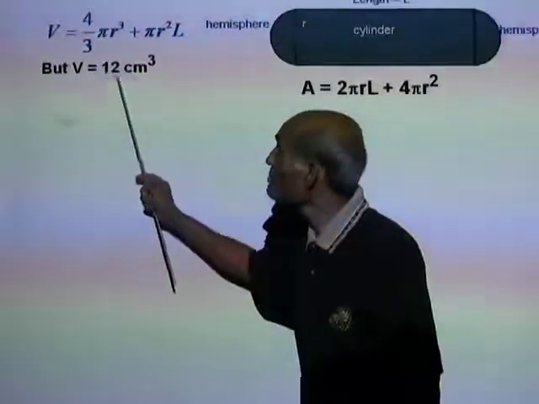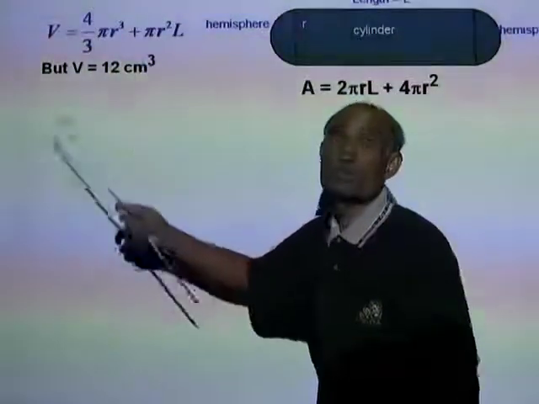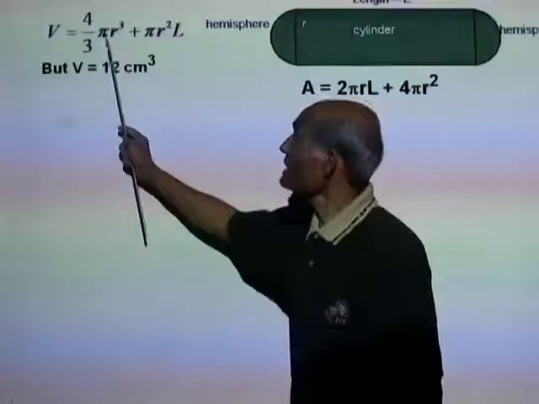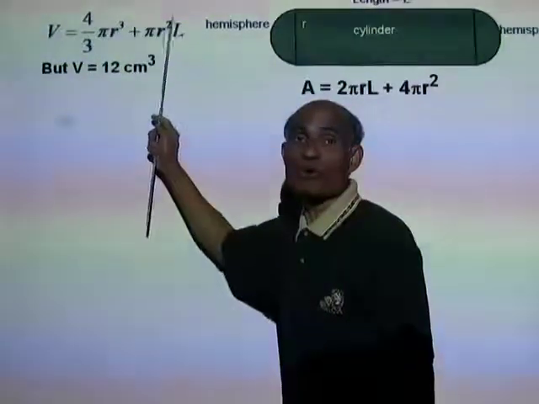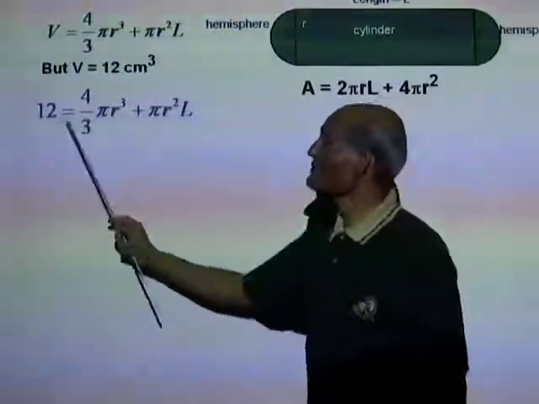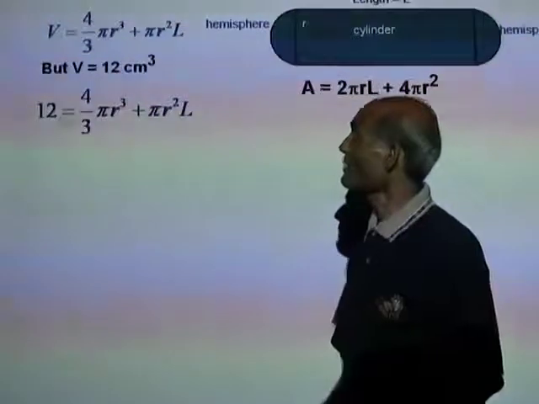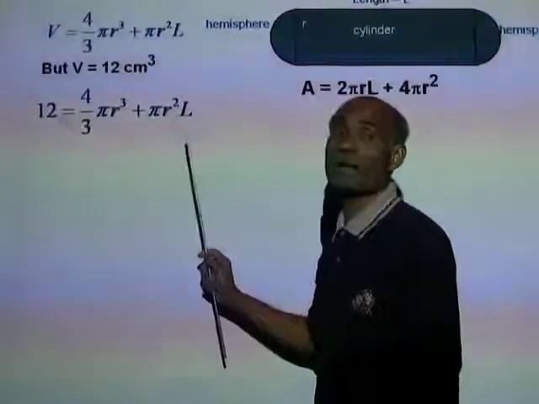Yes. V is given to be 12 centimeter cubed, so volume. So set this quantity equal to 12 and solve for L in terms of r. There we have 12 equal to 4/3 pi r cubed plus pi r squared L.